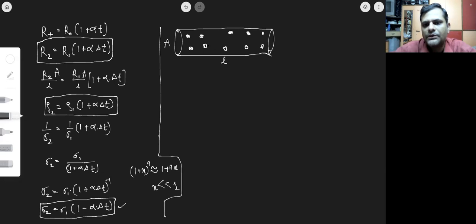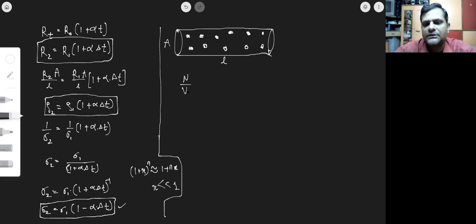Remember, I'm not talking about electrons but atoms. Now suppose we want to find out the number of electrons density. So number of electron density can be defined as the number of electrons per unit volume.